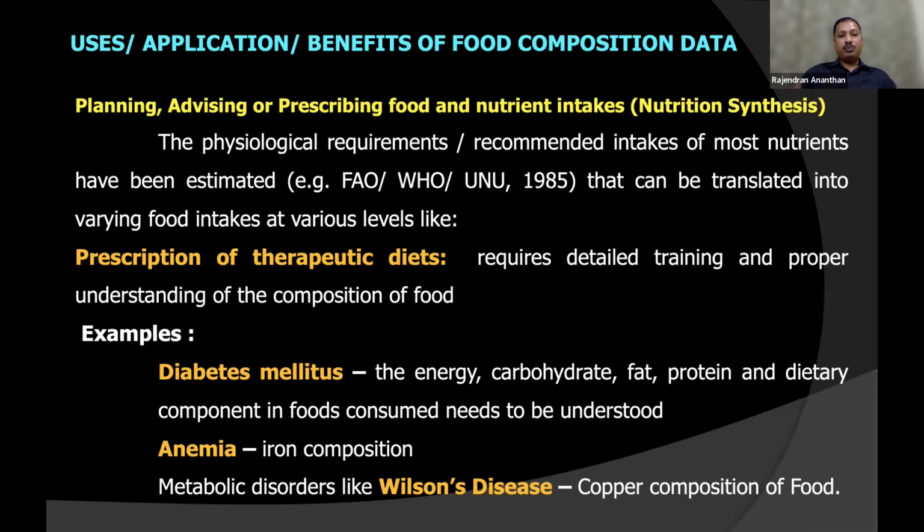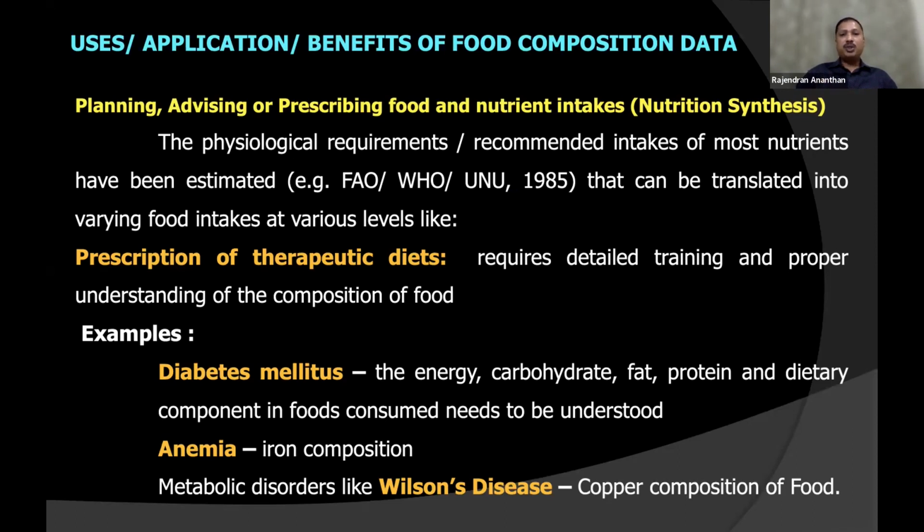If you want to prepare a therapeutic diet, especially, we need a lot of practice and detailed training in applying and understanding food composition. For example, if you want to prepare a diet for diabetes mellitus, we need to understand the energy, glycemic carbohydrate, fat, protein, and dietary fiber components of the foods consumed very thoroughly.